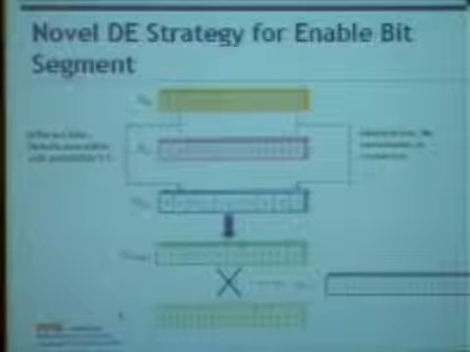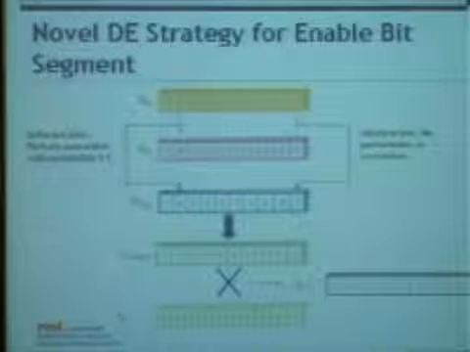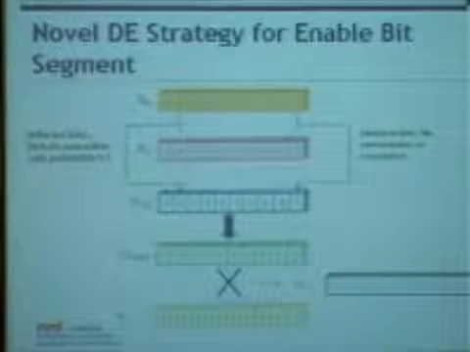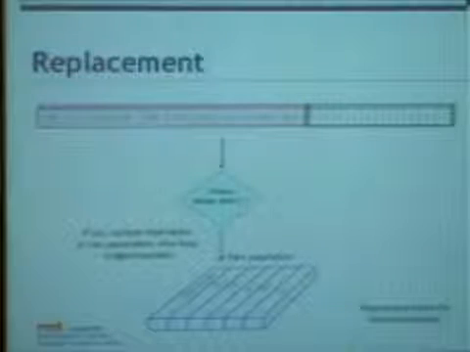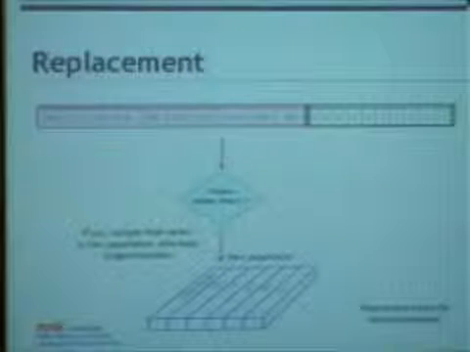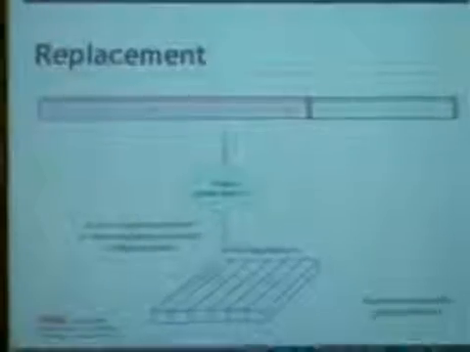Once you've generated the mutant, it crosses over with x1 to generate the trial part for the binary segment of the entire trial vector. We put them back together and evaluate the string for its fitness, and if the string is better, then it replaces the current member of the population. This procedure is repeated for each string in the population, and it completes one generation, and then the generations are repeated.